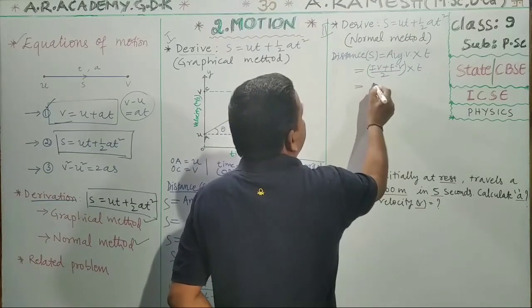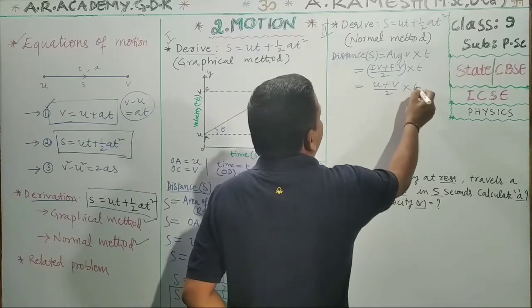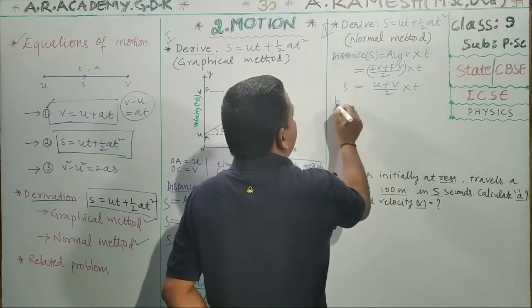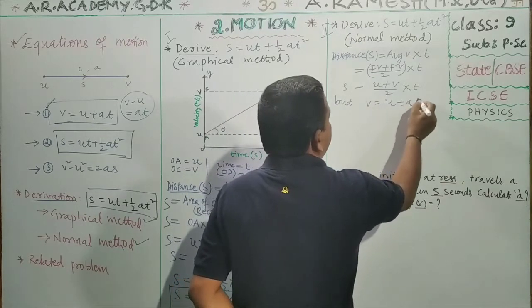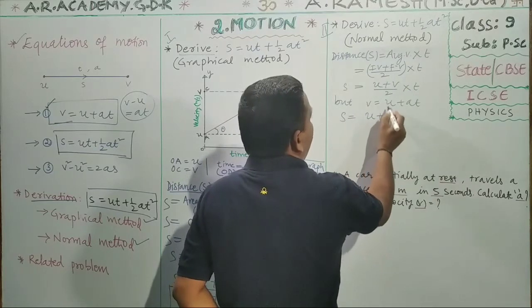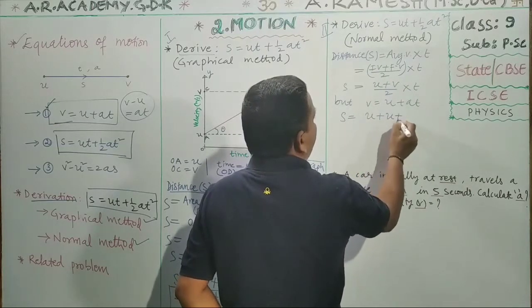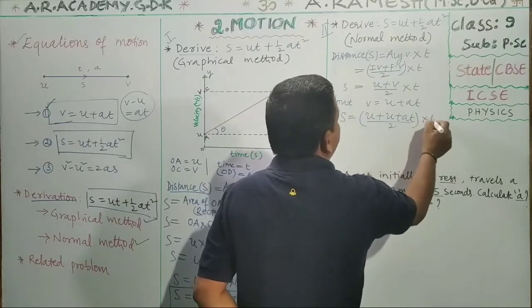Here initial velocity u, final velocity v, by 2 into t, that is S. But we know v equal to u plus at. This you substitute here. S equal to (u plus at) by 2 into t.